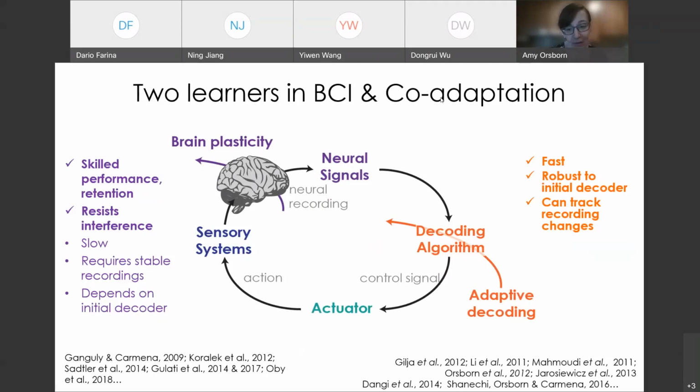And these algorithms are really robust, so you can initialize decoder parameters completely randomly and very quickly train up a decoder. And you can use adaptive decoding to track neural recording changes over time and still maintain high performance. But a lot of work shows that if you just rely on machine learning alone and are constantly, regularly changing the decoder algorithm, you create a moving target for the brain, and that might limit the brain's ability to actually master that skill of controlling the BCI.